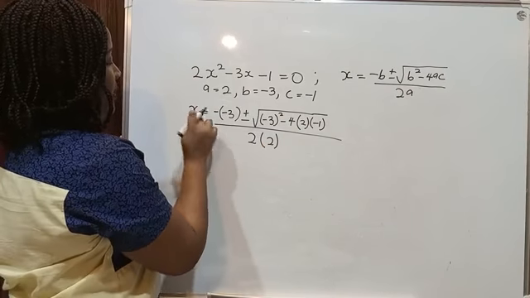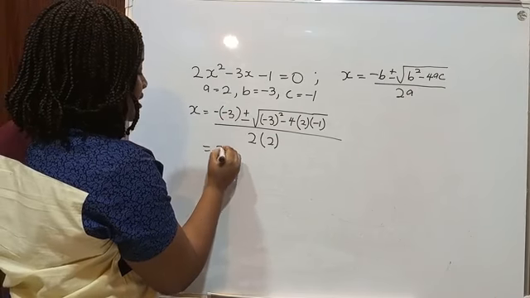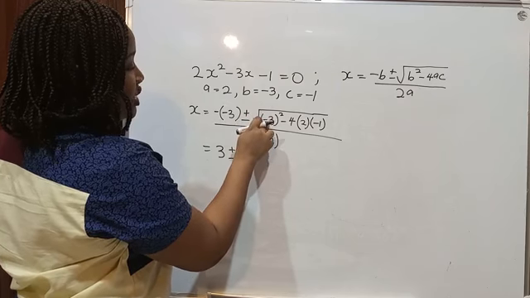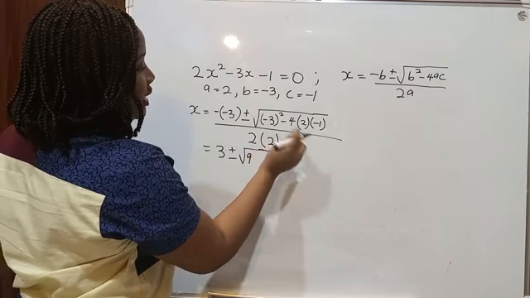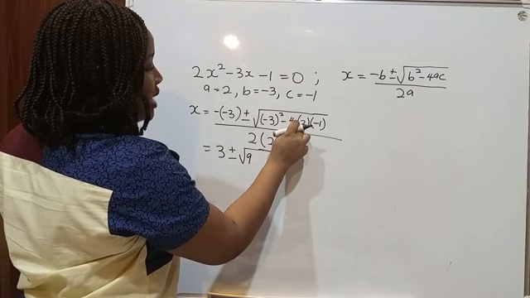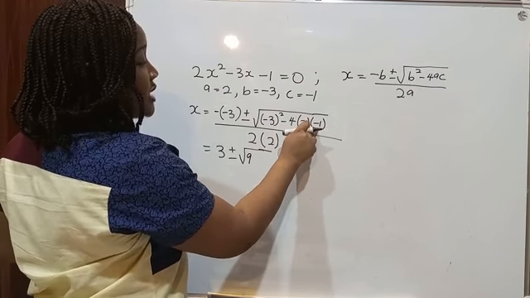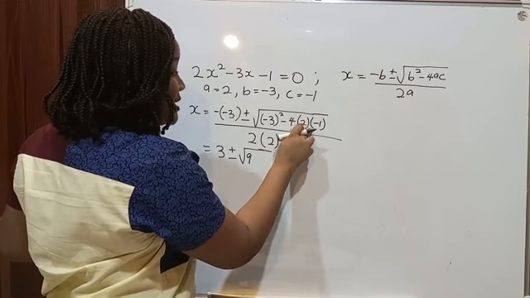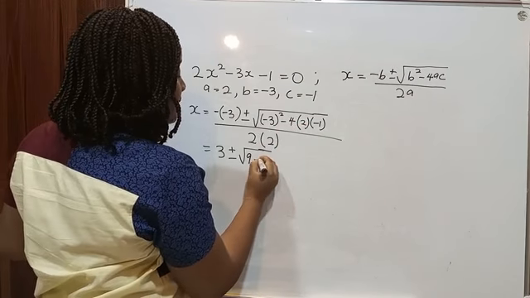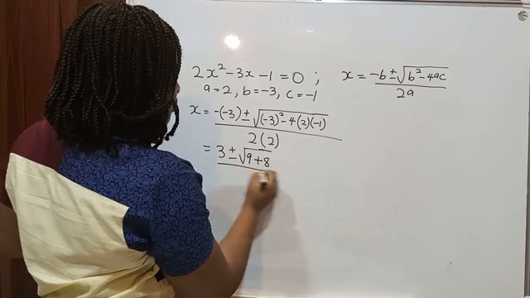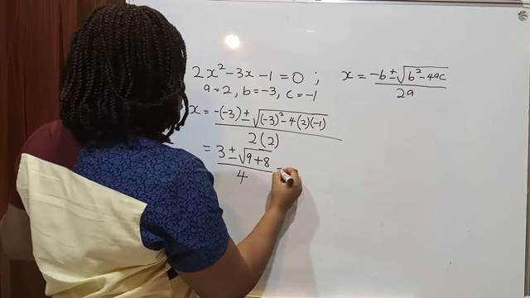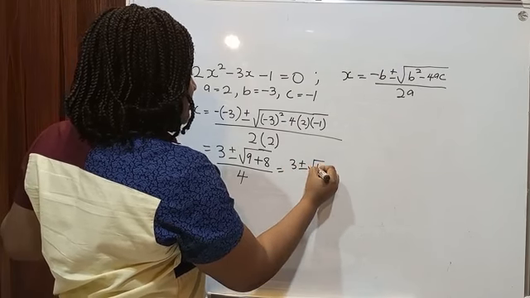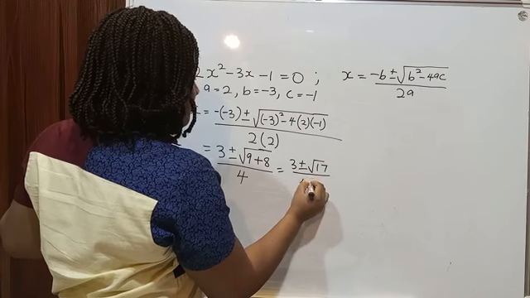Now we have minus minus 3 gives us 3, plus or minus minus 3 squared. Minus 3 squared is 9. You have minus 4 times 2, which gives us minus 8, times minus 1 gives us plus 8. So you have 9 plus 8 all over 4, which is equal to 3 plus or minus square root of 17 all over 4.